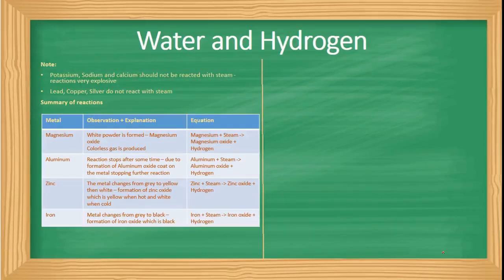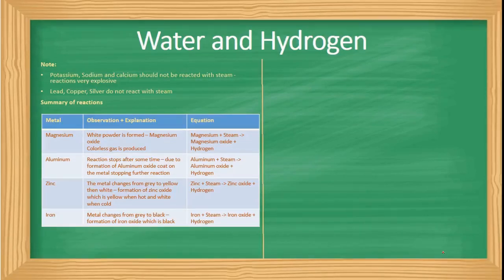For magnesium, a white powder is formed whenever it is burnt in steam, and of course a colorless gas is produced, which is hydrogen. The white powder formed here is magnesium oxide. For aluminium, the reaction just happens for a while and then it stops. This is because the aluminium oxide formed in this reaction is insoluble.